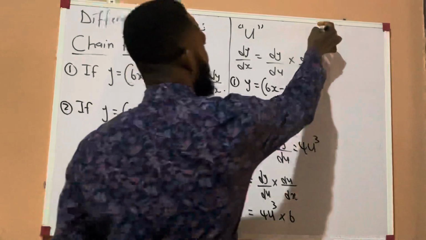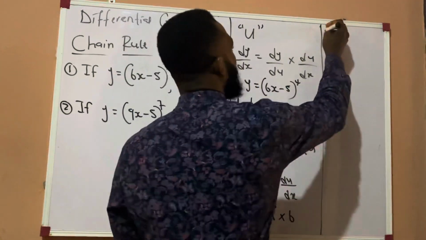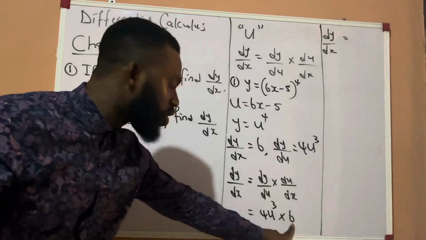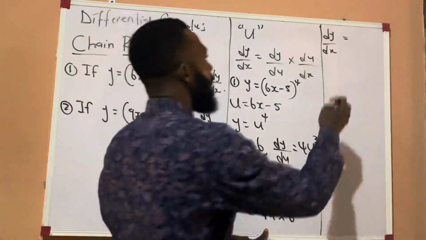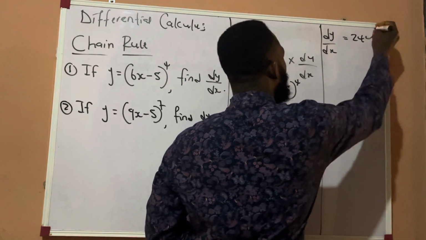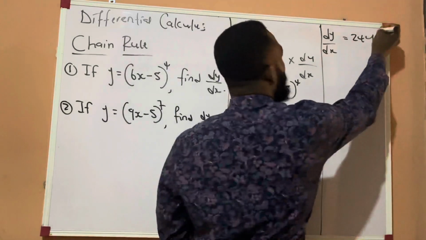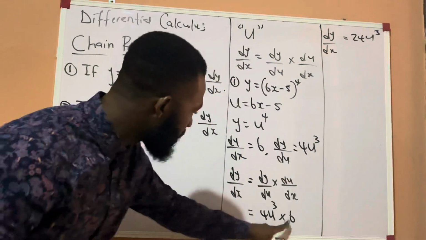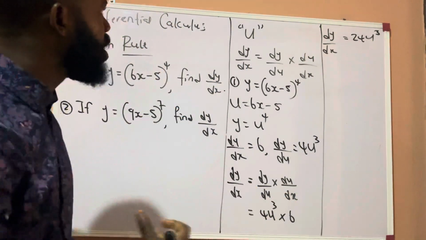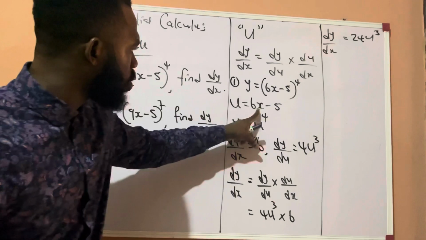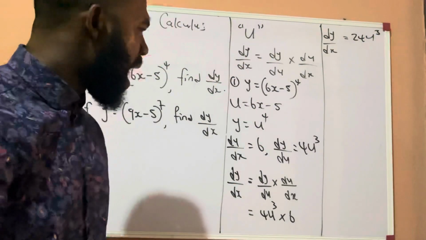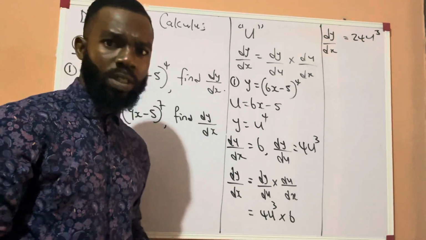Now, if we do that, we are going to see that dy over dx will be 4 times 6, which gives us 24, so we are going to have 24u raised to the power of 3. But don't forget, initially we said that u is equal to 6x minus 5. So whenever I see u, I will substitute the value, which is 6x minus 5.